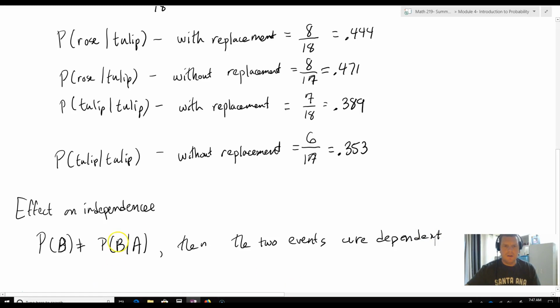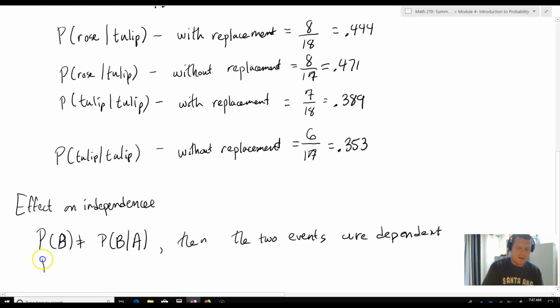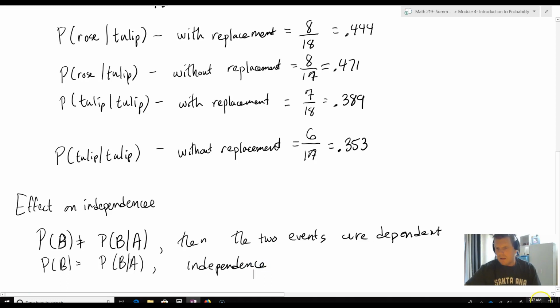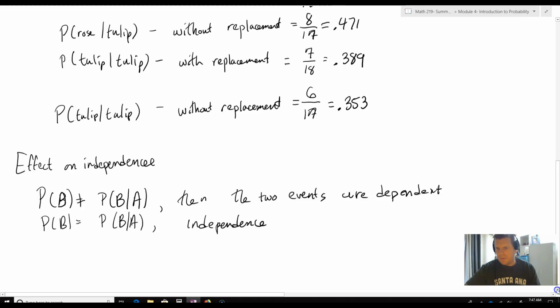And also, if the probability of B equals the probability of B given A, then we have independence. So what's the upshot for this with and without replacement?